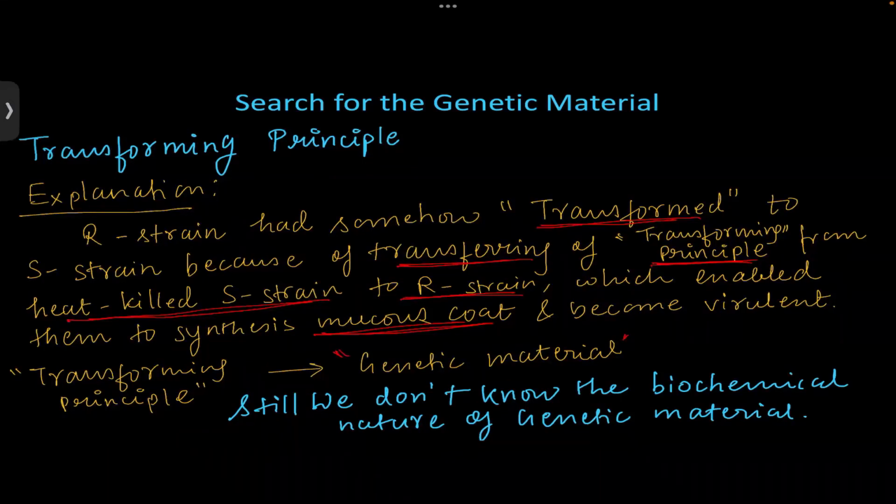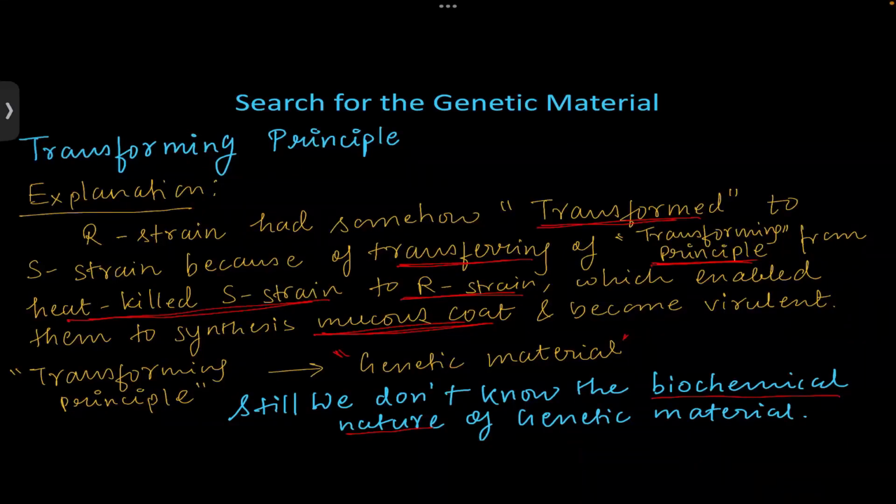But his experiment still didn't confirm the biochemical nature of this transforming material, or of this genetic material that is getting transferred from dead S strain bacteria to live R strain bacteria.